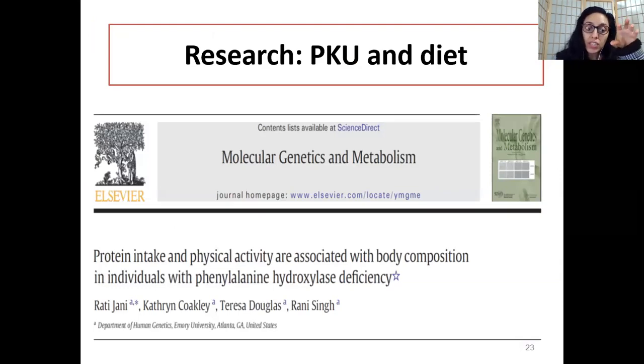Now the question is how much do patients comply with your recommendation, which is a big thing, be it in any disease condition. This research is what I had done in the United States, where we looked at the medical food intake and the intact protein intake among PKU patients, and we wanted to look at their body composition as well.